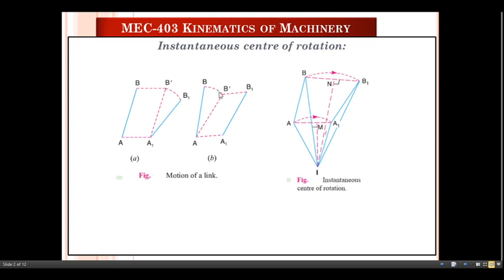Here we get the rotational motion, and after that the A point will shift towards a final position, that is A1, and the B will shift towards a final position, that is B1. Now, see the path followed here: initially rotational motion and then translation motion. In the previous case, translation motion first and after that rotational motion. It is not important whether the rotational motion comes first or translation motion first.